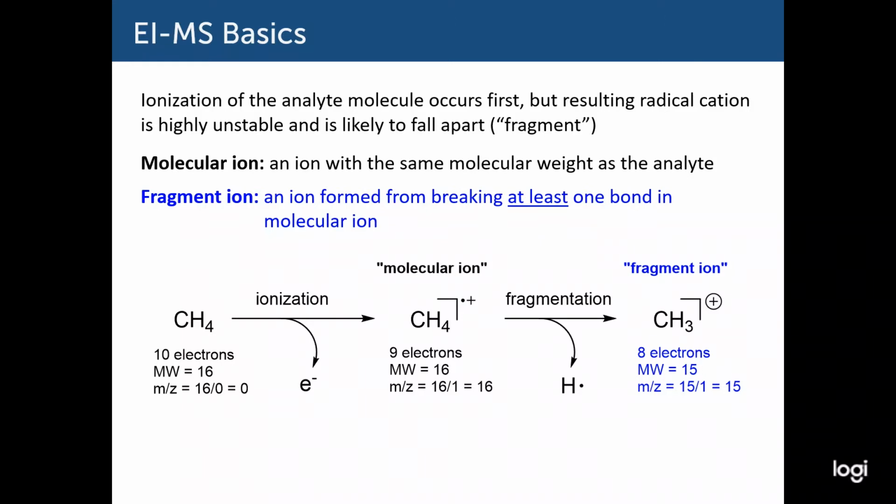So in this case, we would be able to observe both a molecular ion as well as a fragment ion where a hydrogen radical is lost to form the CH3 plus species. So now we no longer have a radical cation, we just have the methyl carbocation. There's 8 electrons here. We've lost a hydrogen atom, so our molecular weight for the ion is now 15. And because we still have just one positive charge, our M/Z ratio is also 15.